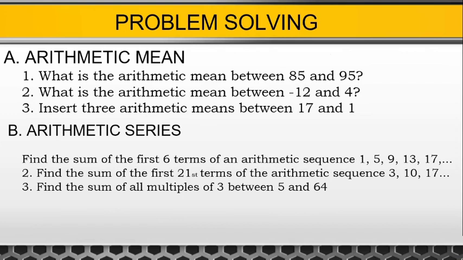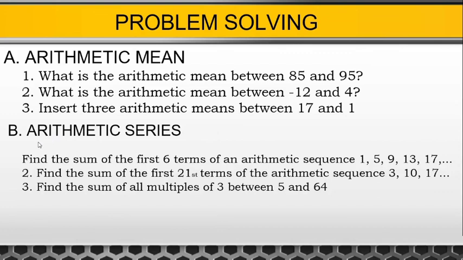So this is now your turn to solve the following problems. We have two parts of solving problems: the arithmetic mean and the arithmetic series. For number 1, what is the arithmetic mean between 85 and 95? Number 2, what is the arithmetic mean between negative 12 and 4? Number 3, insert 3 arithmetic means between 17 and 1.